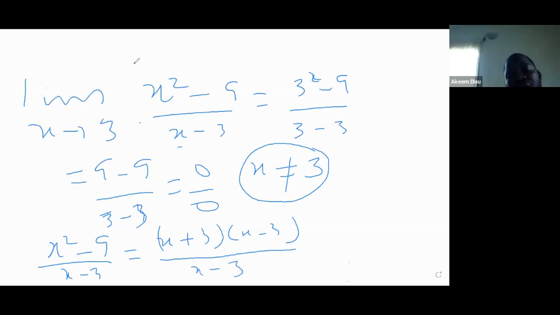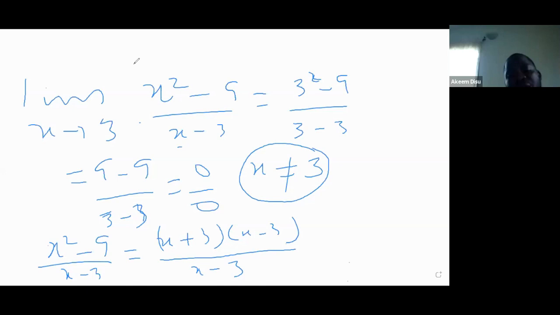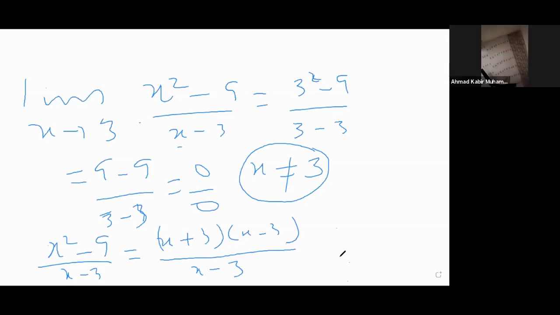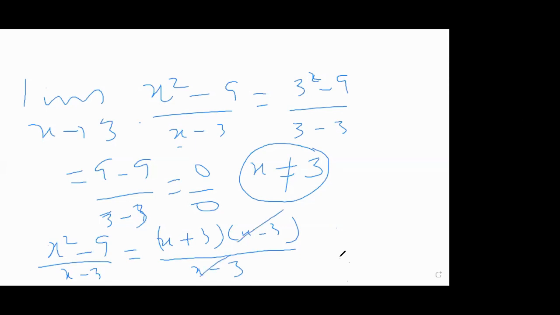Yes, we can have this. The next step to solve the problem is we cancel where we have the same value, x minus 3 and x minus 3. This cancels this.